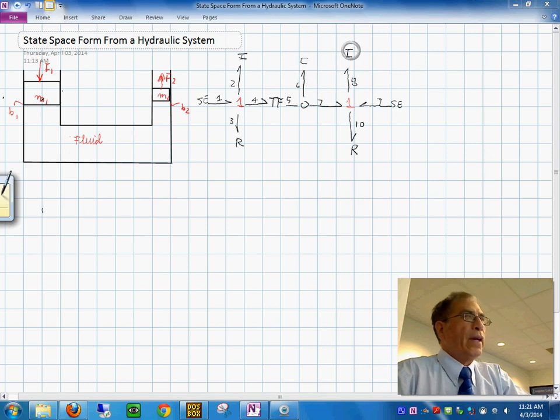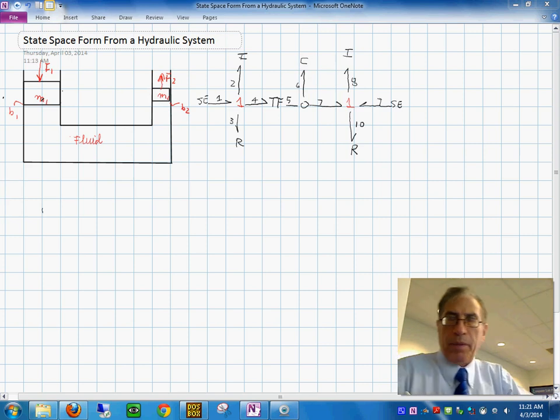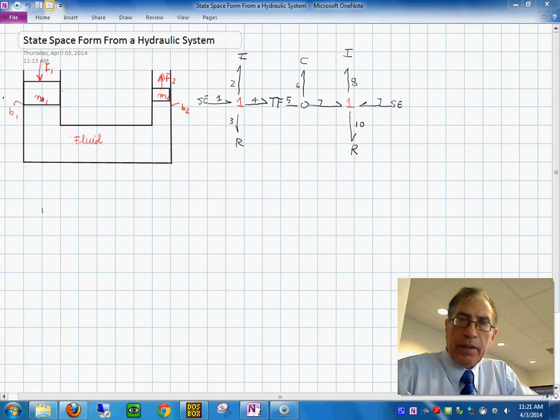And on the other side we have this inertia effect and some friction effect also. So the objective of our example today is to obtain the state space form, first of all by hand, and second using CAMP-G. So let's do it.